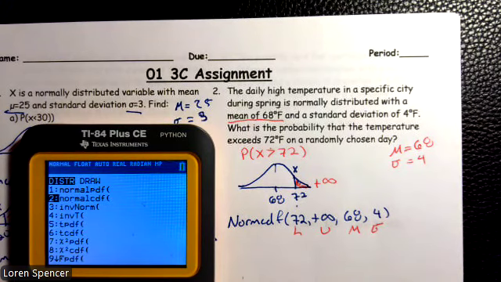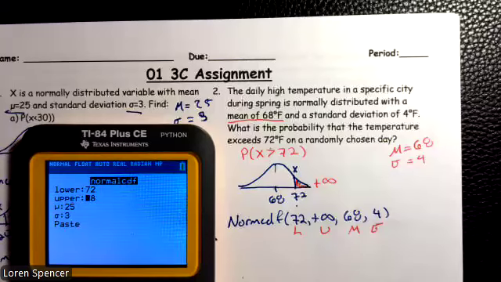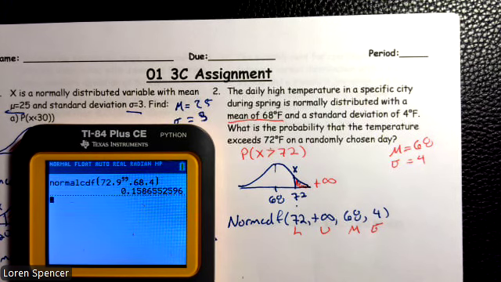Second vars, normal CDF, lower bound 72, upper bound 9 raised to the 99th, mean of 68, standard deviation of 4, and we get 0.1586.